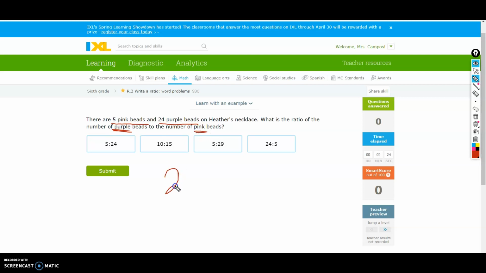So there are 24 purple, and then there are 5 pink. So you would read that 24 to 5. That can also be written as 24 to 5 this way, or you could literally write the words 24 to 5. So 24 to 5.